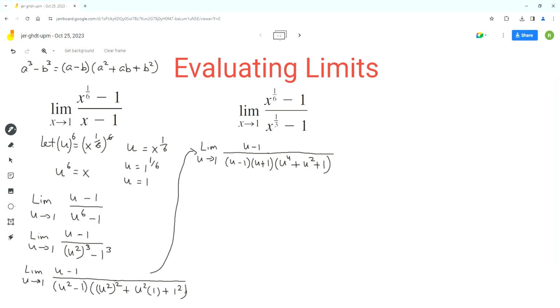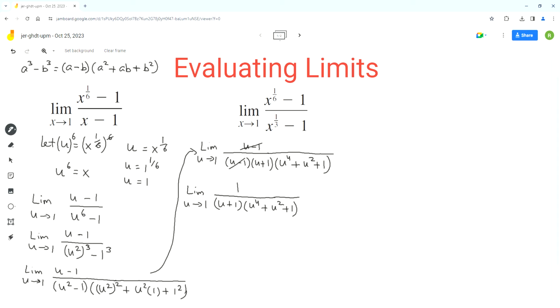Now we can cancel out u minus 1 from the numerator and the denominator. So we get limit u approaches 1, 1 over u plus 1 times u to the power 4 plus u square plus 1.